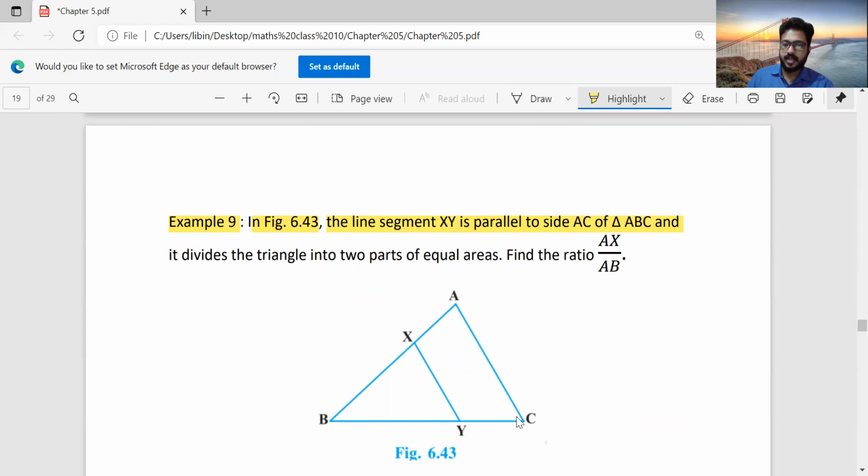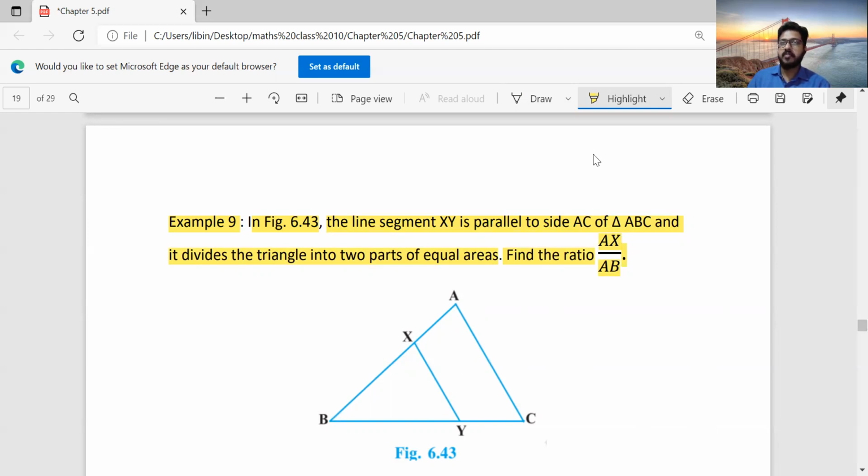We are considering the triangle ABC, and it divides the triangle into two parts of equal areas. Okay, means the line segment divides the whole triangle's area into two equal parts, and we want to find the ratio AX by AB. We want to find AX divided by AB.